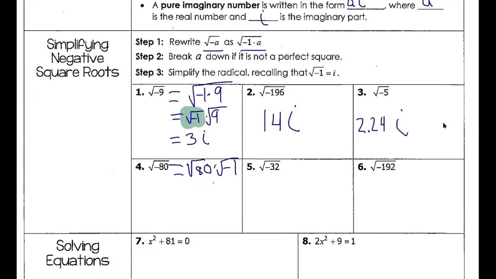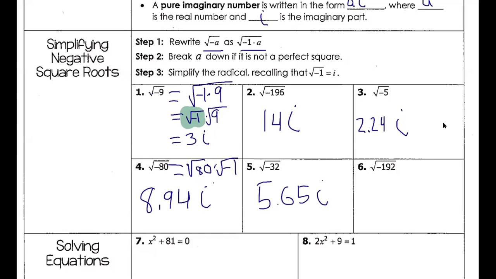But for number 4, if you put the square root of 80 in your calculator, don't put the negative, because you'll get an error. But you would get 8.94 I. Number 5, I see in the chat, someone said the square root of 32 would be approximately 5.65. And then since it's negative, you always have an I. So if you ever have a square root of a negative number, you're going to have an imaginary solution.